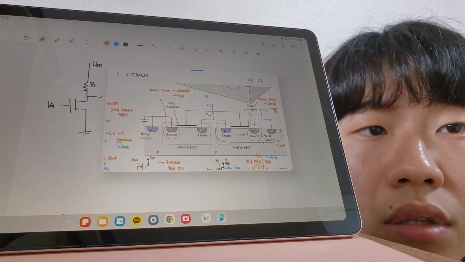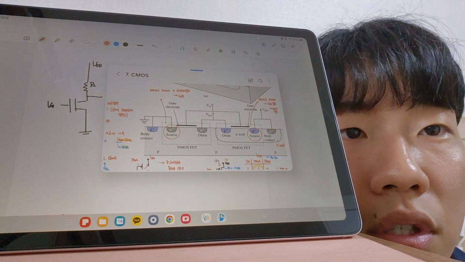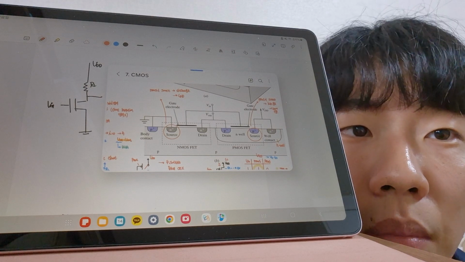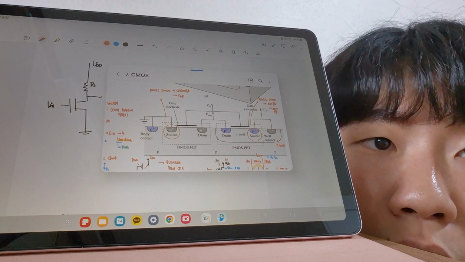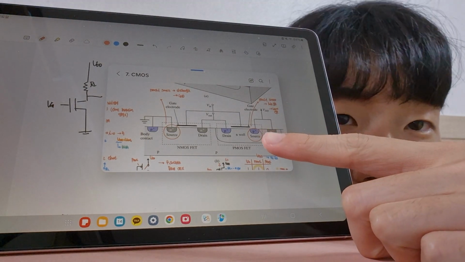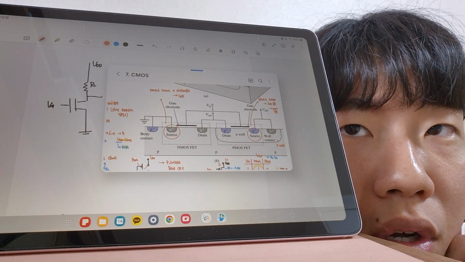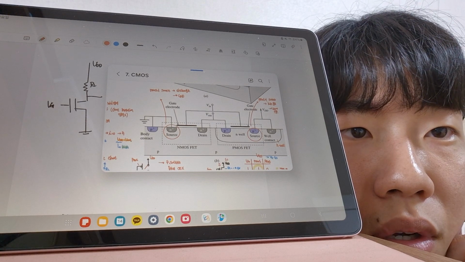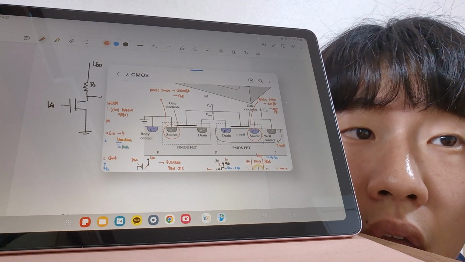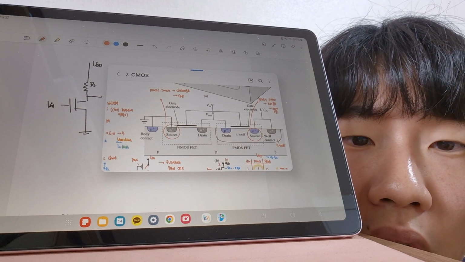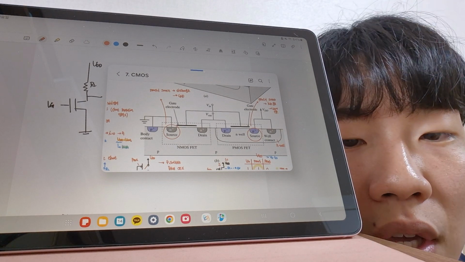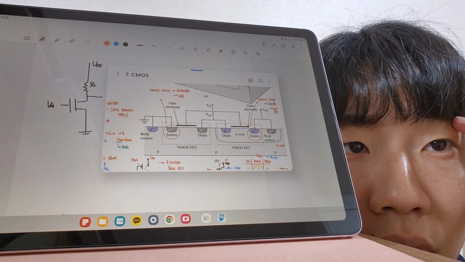Let me talk about CMOS this time. First, what is CMOS? CMOS is like this: PMOS and NMOS both exist. Then how do we make this CMOS?